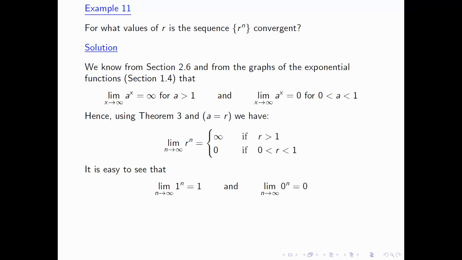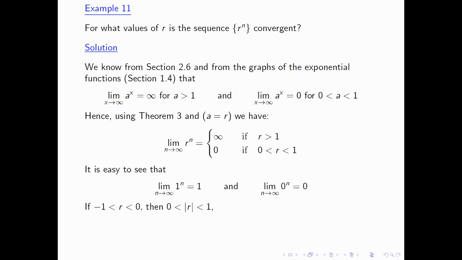It's also easy to see that if the base is 1, then we get 1 as the limit. In other words, 1 to the n is always 1. So 1 to the 1 is 1, 1 squared is 1, 1 cubed is 1, and so on. And so it converges there as well. And the limit as n goes to infinity of 0 to the n is also 0.